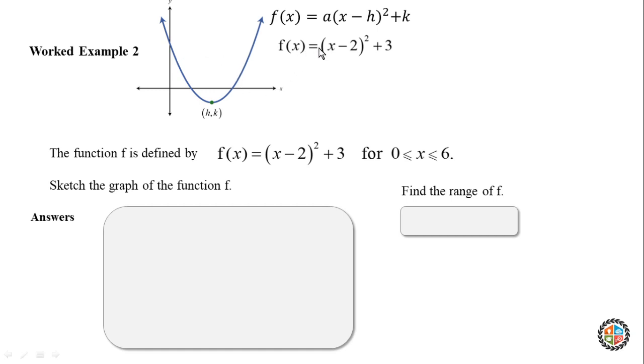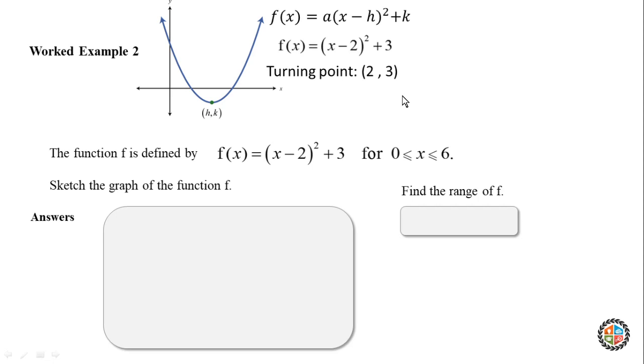In this case, a is positive, that's why it opens upward. The value of h, from x minus h, is 2. And the value of k, from plus 3, is 3. Thus, the turning point is (2, 3).